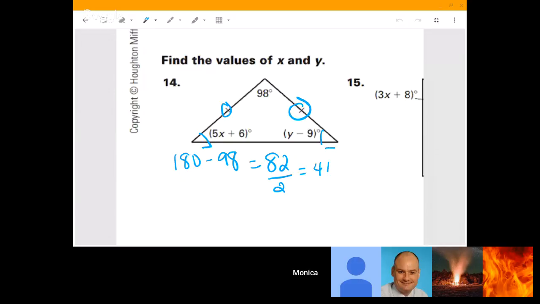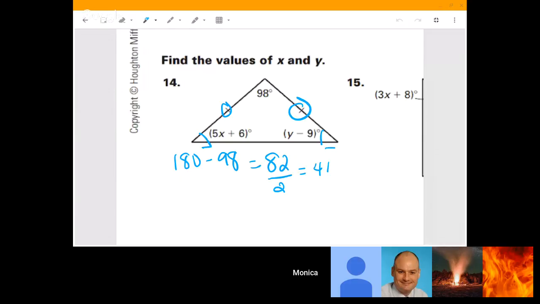If we subtract that 98 degree angle from 180, that leaves us 82 degrees. Those two are congruent, so they have the same measure. If we divide 82 by 2, each of those two angles equals 41 degrees.